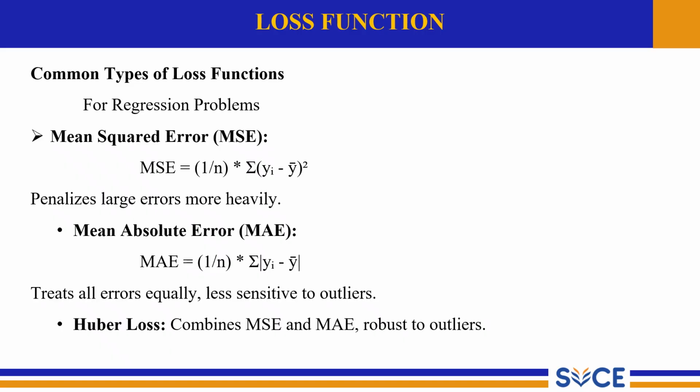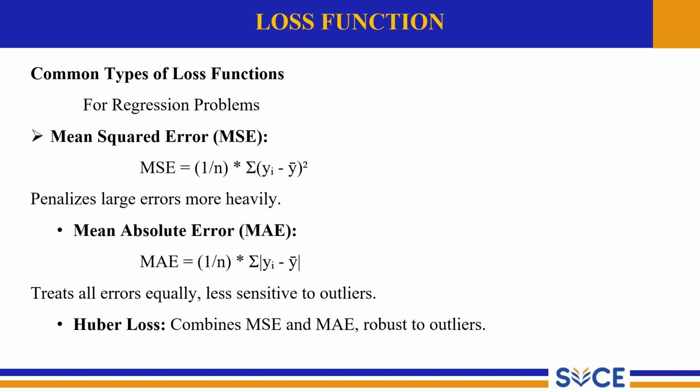The common types of loss functions. First one is mean squared error and mean absolute error. So let's look at the two commonly used loss functions in regression. Mean squared error squares the error, which means it penalizes large errors much more heavily than small ones. This makes it very sensitive to outliers but also useful when we want the model to strongly avoid large mistakes.